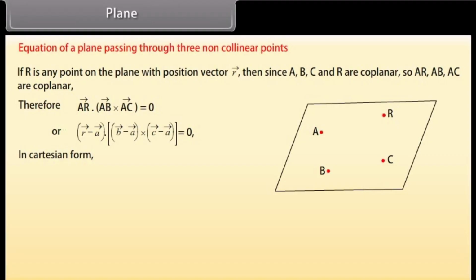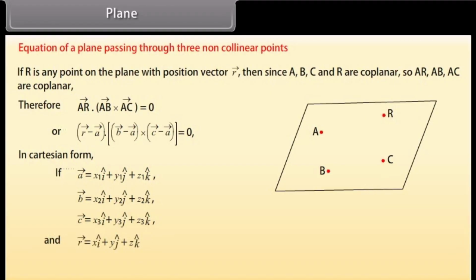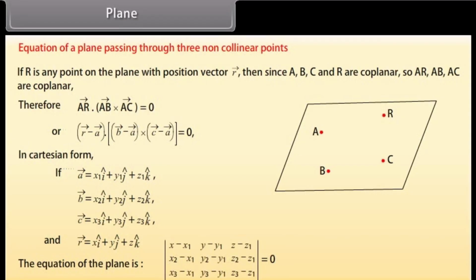In Cartesian form, if vector A equals x1 i cap plus y1 j cap plus z1 k cap, vector B equals x2 i cap plus y2 j cap plus z2 k cap, vector C equals x3 i cap plus y3 j cap plus z3 k cap, and vector R equals x i cap plus y j cap plus z k cap, the equation of the plane is the determinant, row-wise.